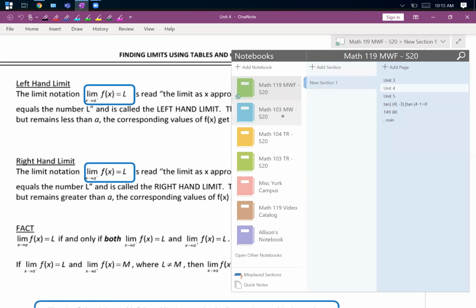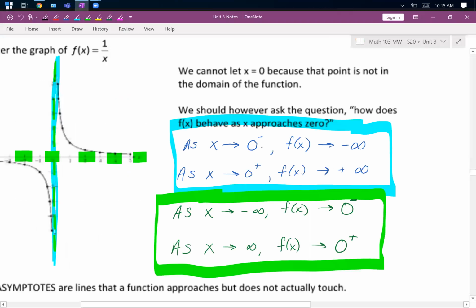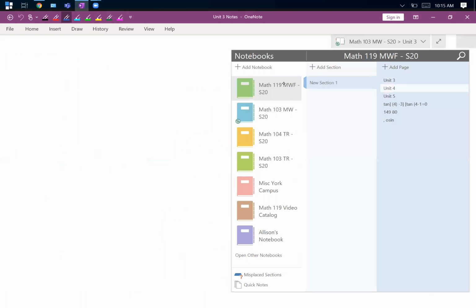And when we were in college algebra and we did that kind of intro problem, we did the same thing, right? We talked about as x approached 0 from the negative side or the left side, or x approached 0 from the right or the positive side. It's that same kind of notation that we're doing here.